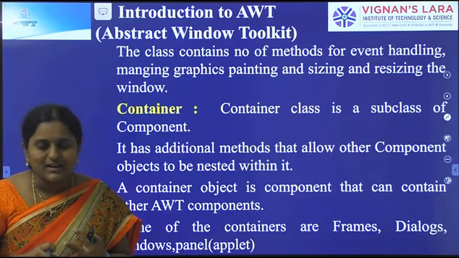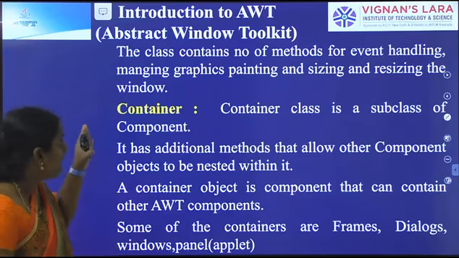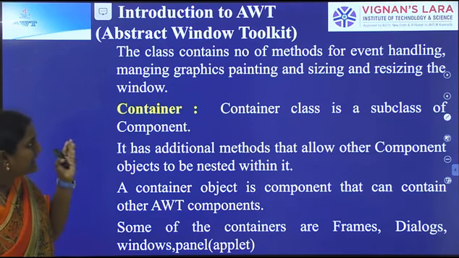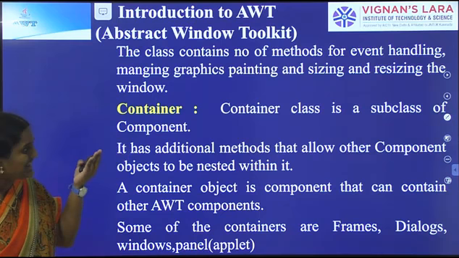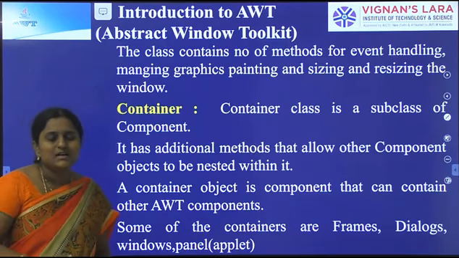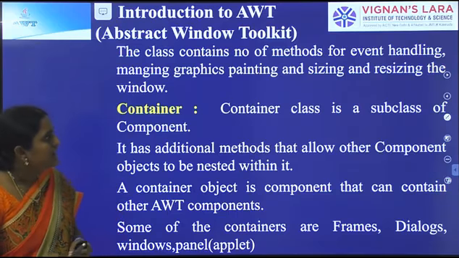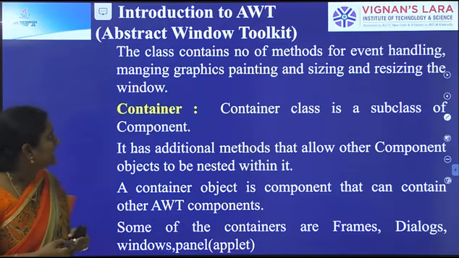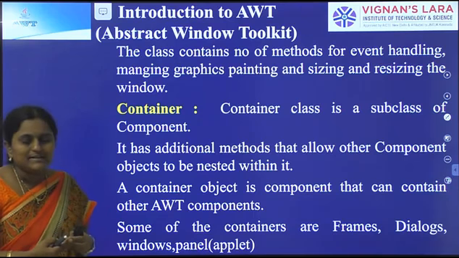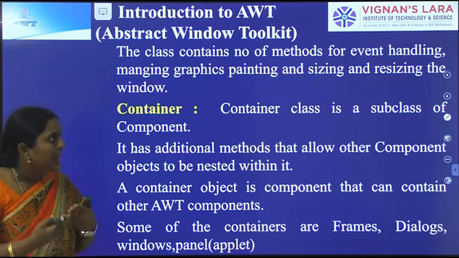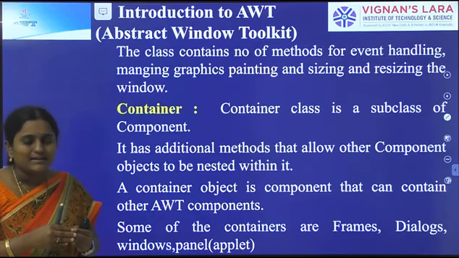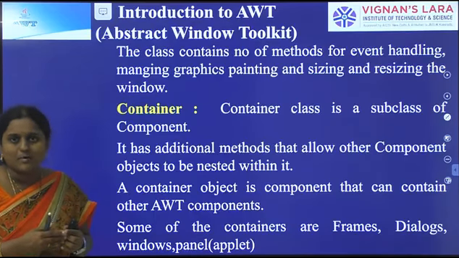Like every class, the Component class defines some methods for event handling, managing graphics, painting, and sizing and resizing the window. So it provides a number of methods for handling events, for painting and displaying graphics on the screen, and for sizing and resizing the window.